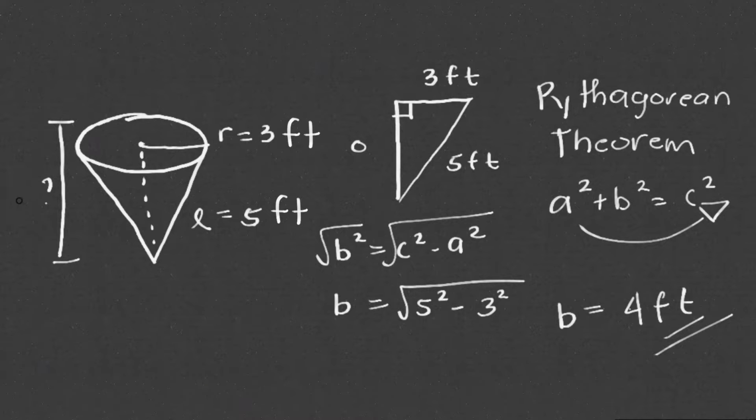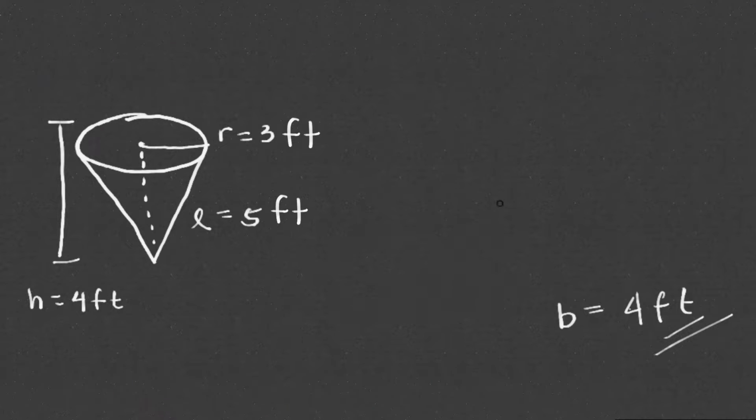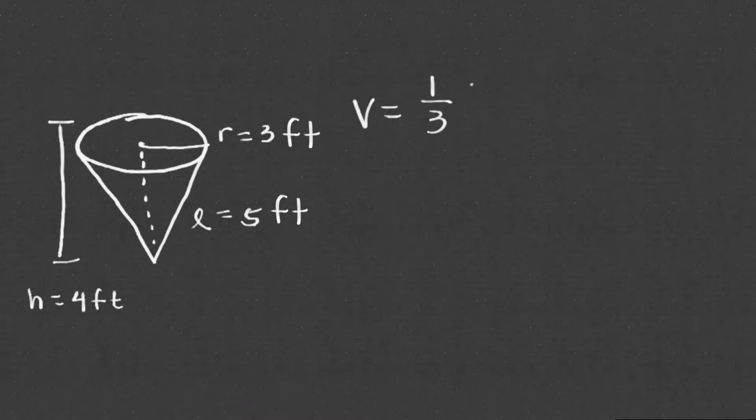Since we already know the height of the cone, we can now solve for its volume. So V is equal to 1/3 times pi r squared times the height of the cone. Let's substitute what we know.